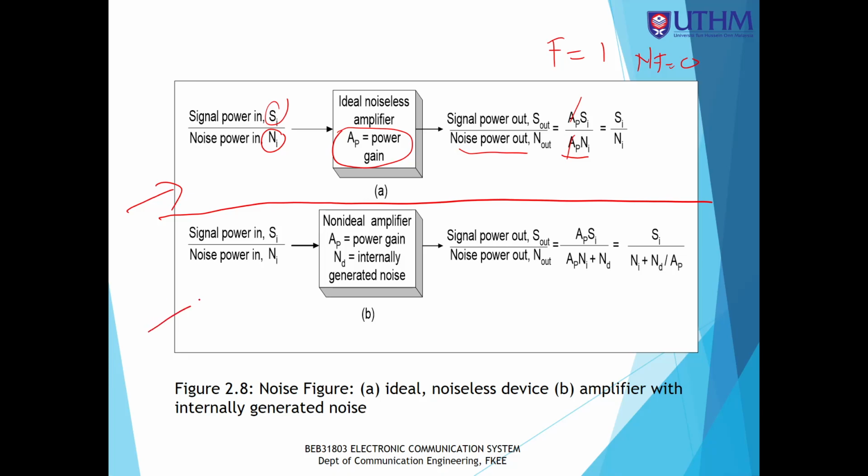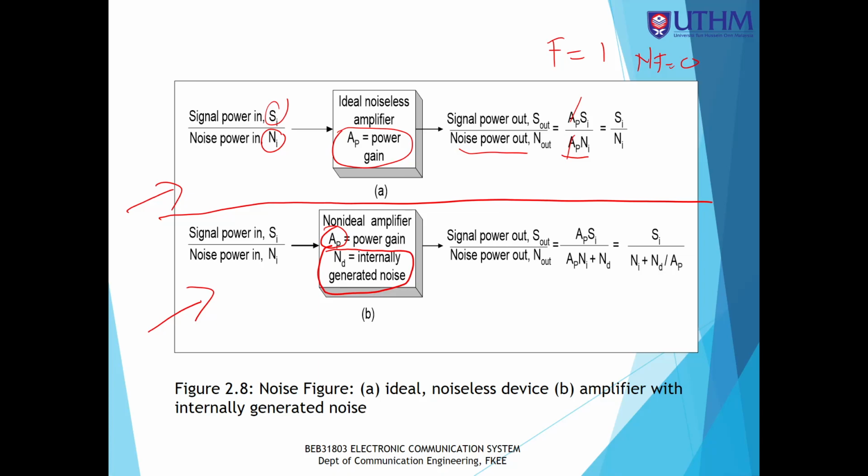Let's look at the second scenario where we have the internally generated noise, ND, and we have the gain over here. We have input signal power and input noise power put inside a non-ideal amplifier.